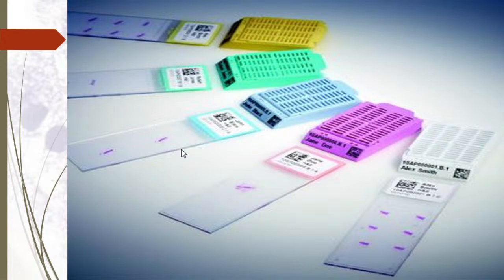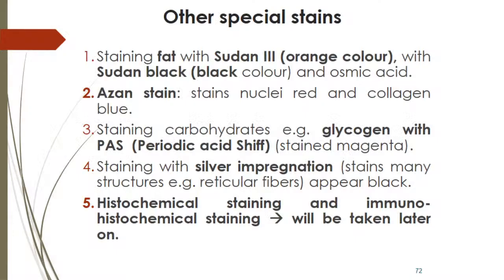Primary hematoxylin, after that eosin, not the opposite. And this is the result of our investigation, and you have to remember other stains, like staining fat with Sudan 3, orange color. Azan stains nuclei red and collagen blue.